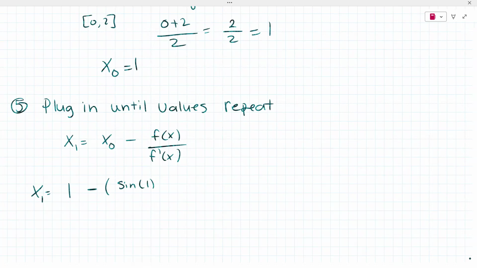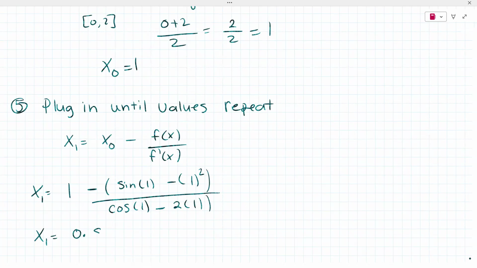That's sine of 1 minus 1 squared, over f prime of x. f prime is cosine of x minus 2 times x, so that's cosine of 1 minus 2 times 1. If you put all this in the calculator, you get 0.891396.